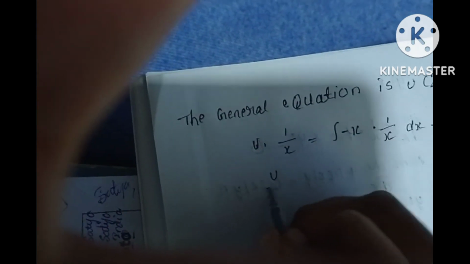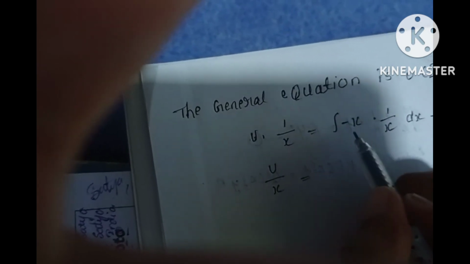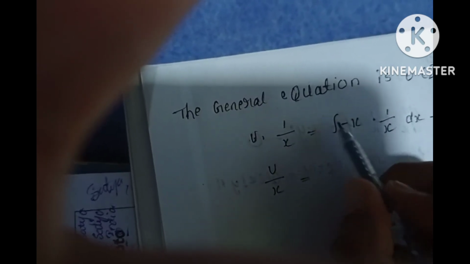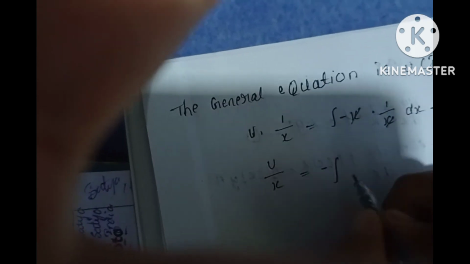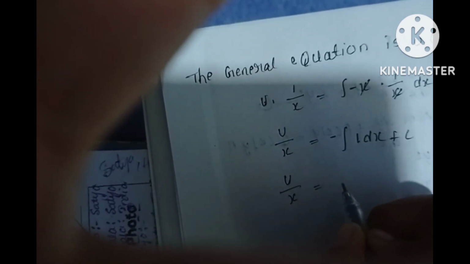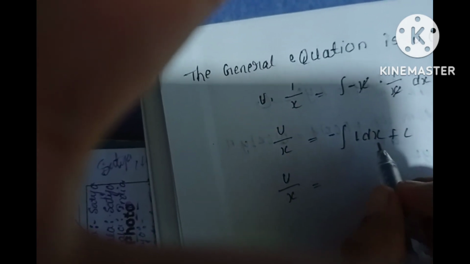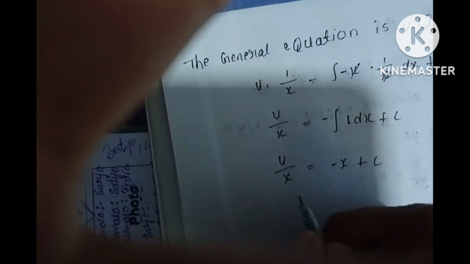So u by x is equal to minus integration; x is cancelled, so the remaining part is integration 1 dx plus c. U by x is equal to minus x plus c.